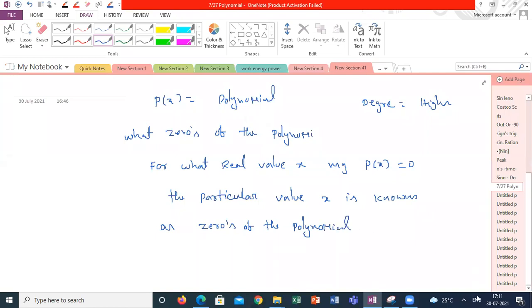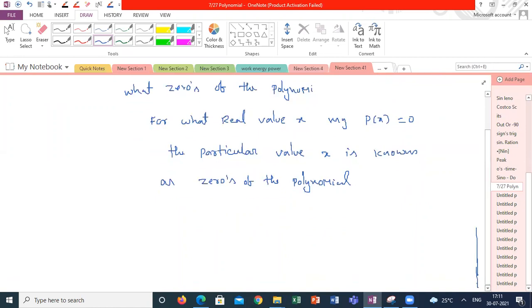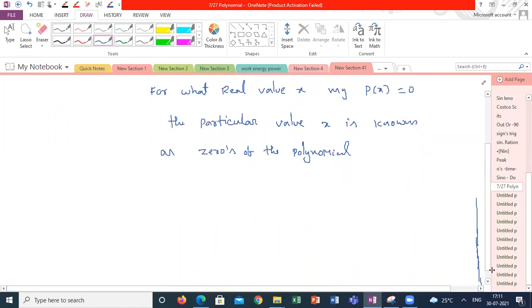How do we know how many zeros are available for a polynomial of single variable?